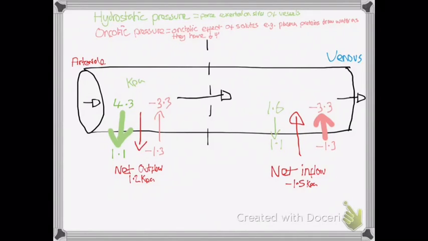Minus 1.5, why is that? It's the difference in these two. So we've got 0.5, one difference going down. We've got a 2 difference going up. So 2 minus 0.5 is minus 1.5 to go back into the capillary.